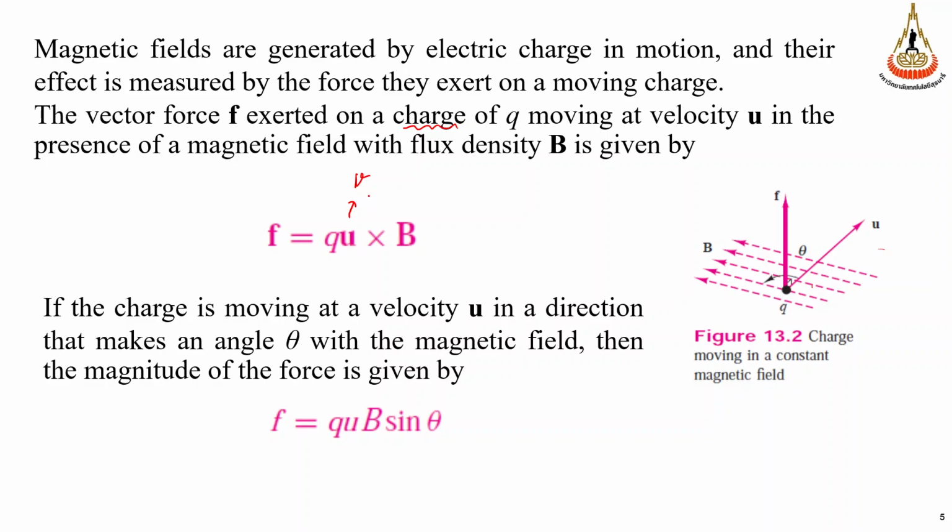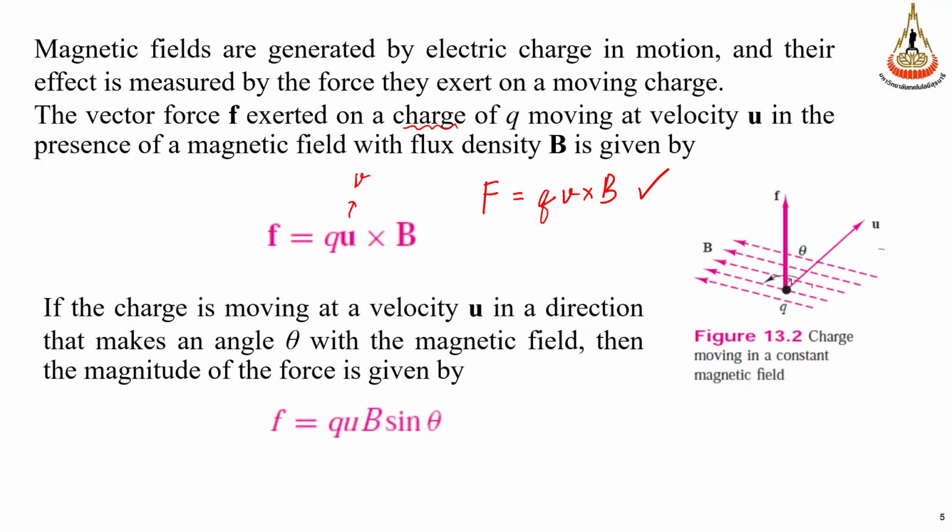But in this case, to avoid confusing it with voltage, we use U instead, right? QU cross B. I think you may remember QV cross B in physics, right? You remember the formula, right? So this is the force.